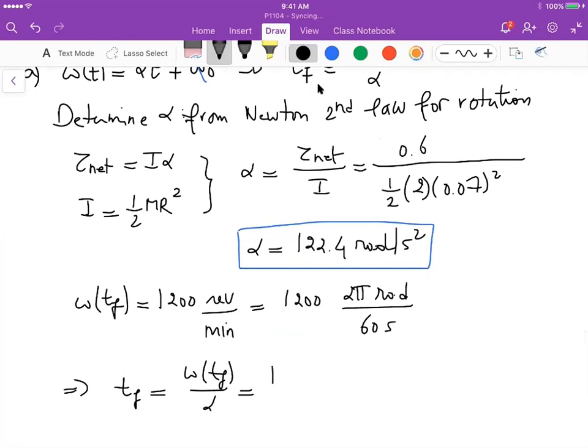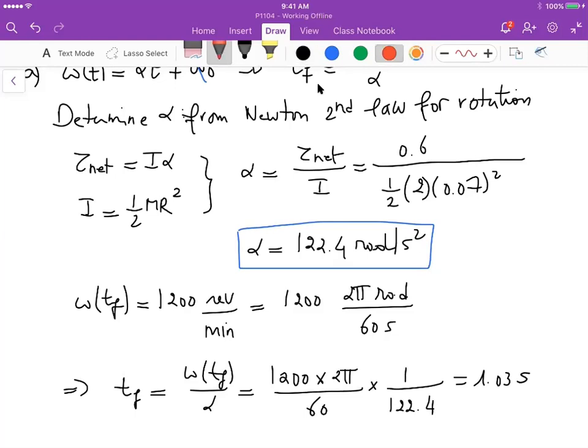So it's 1200 multiplied by 2 pi over 60, that is for omega final, times 1 over 122.4. And so we end up with the value 1.03 seconds. So this is the time needed for the wheel to reach the speed of 1,200 revolutions per minute.